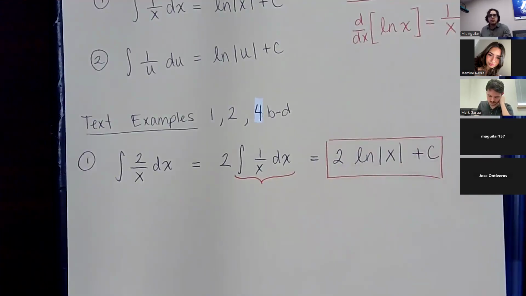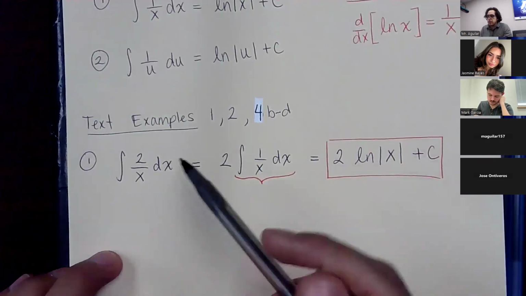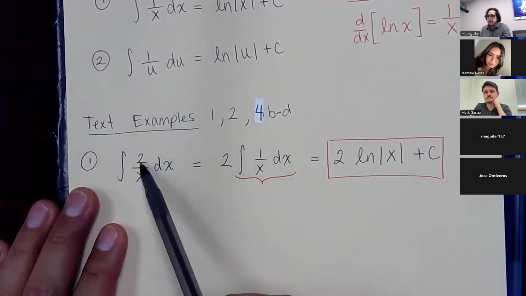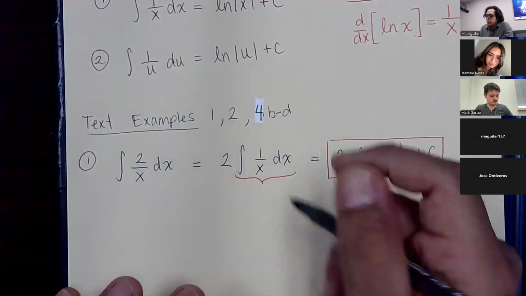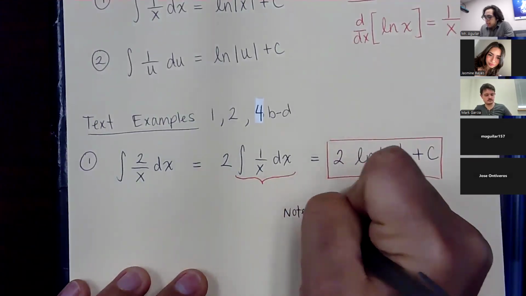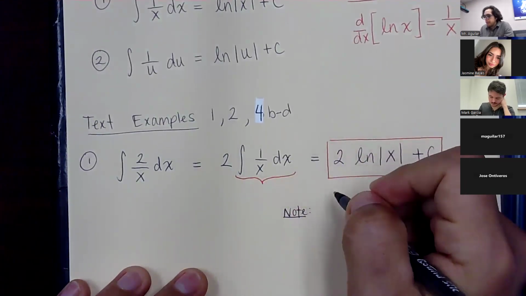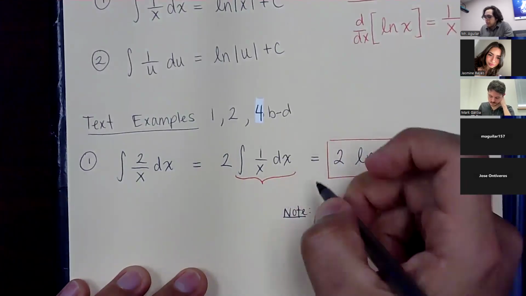Really easy application of that process, provided that we can process what we're looking at here and pull out that constant and everything kind of looks normal. Now, there is one note here, and that is a throwback to college algebra.